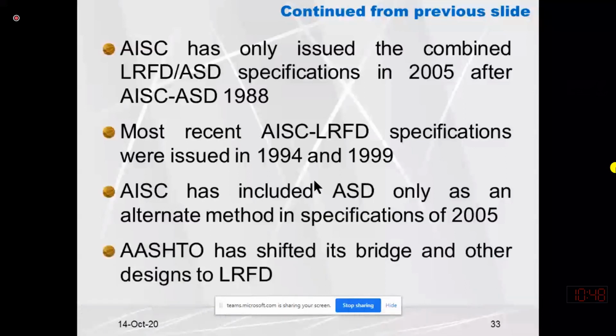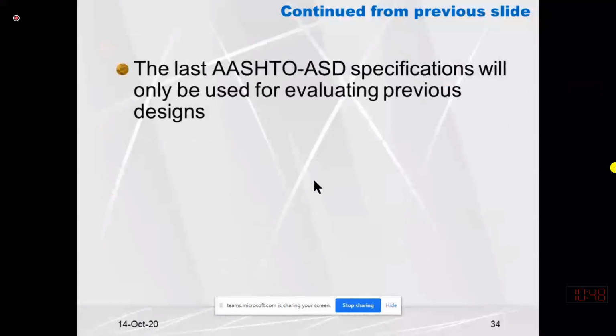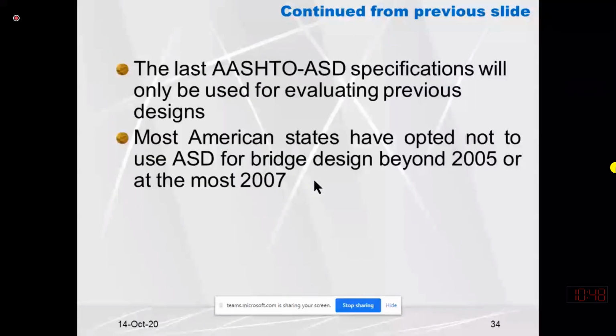The latest specification will only be used for evaluating previous designs. So for evaluation purposes we can use ASD, but for new design we have to use LRFD. Most American states have opted not to use ASD for bridge design after 2005.